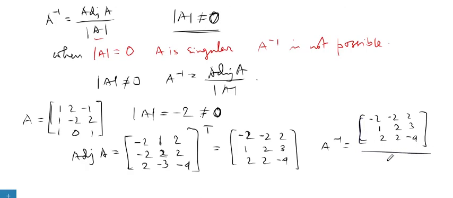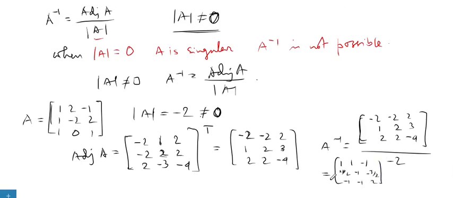divided by minus 2. So we know the rule, minus 2 would divide every element of this matrix. So that would be 1, 1, minus 1, half, minus half, minus 1, and minus 3 by 2, then minus 1, minus 1, 2.